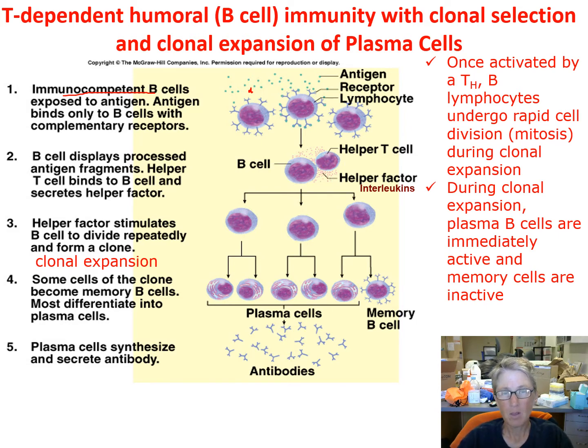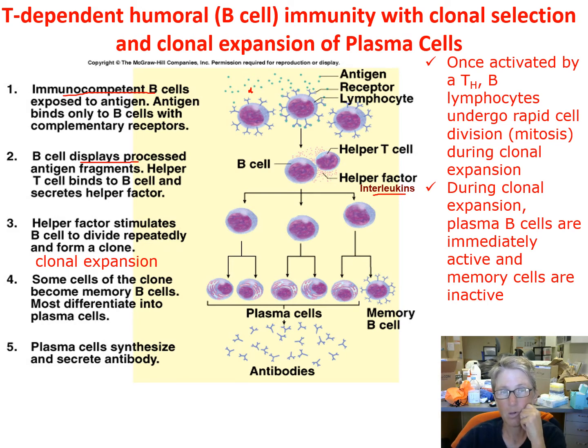So then it shows here that the B cell displays processed antigen fragments. So it doesn't really show that very well, but the helper T cell will bind to those antigen epitope fragments and secrete helper factor, which you can call them interleukins or cytokines, and then that stimulates the B cell to divide and form a clone.